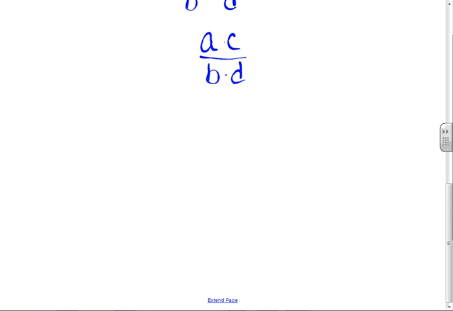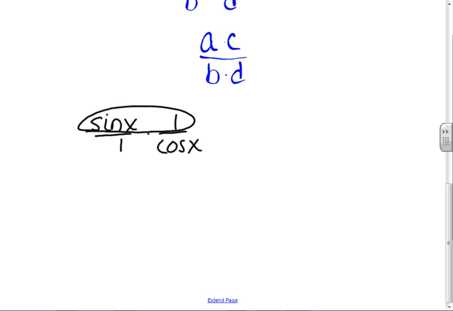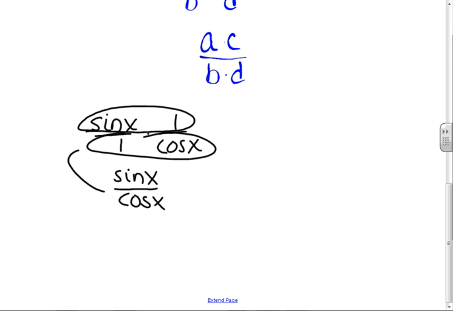So I can give you a quick example. They have to multiply the sine of x over 1 times 1 over the cosine of x. You don't have to worry about what they are. You just multiply these guys. Sine of x over cosine of x. They need to recognize that these are the same things. I just have letters now. But it still doesn't matter, because algebra is just arithmetic with letters. That's all it is. So I'll give you a chance to do that.